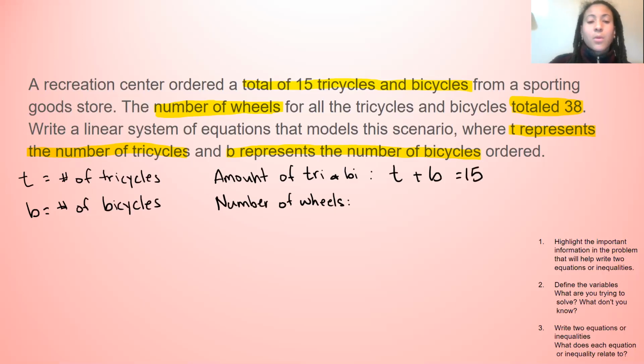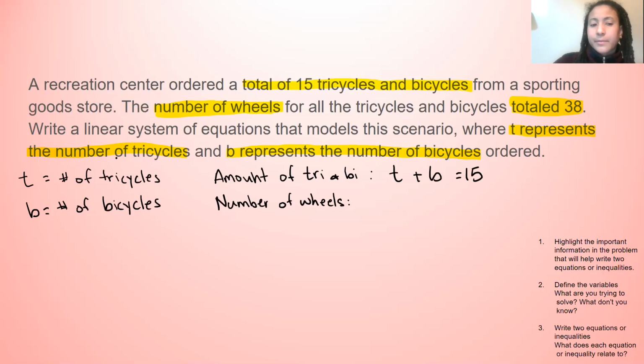Okay, now our second equation is talking about the number of wheels. So now we just have to take a little bit more into consideration what the question is asking. We're talking about wheels. So do tricycles and bicycles have the same amount of wheels? No. How many wheels are on a tricycle?